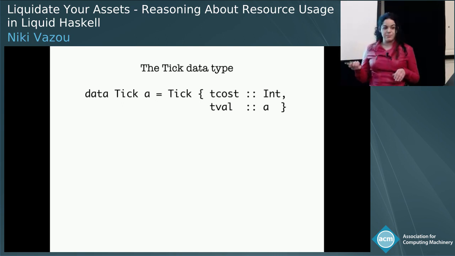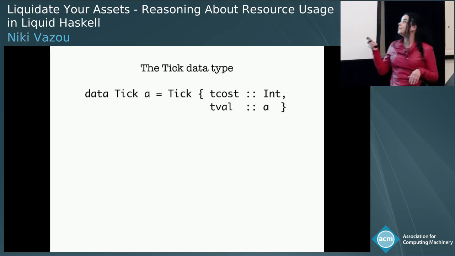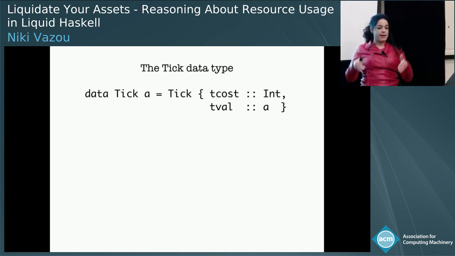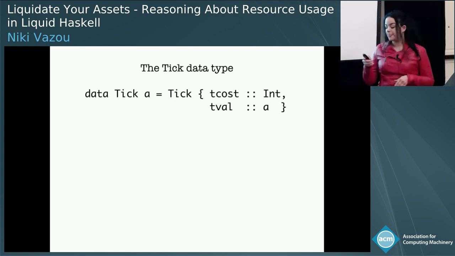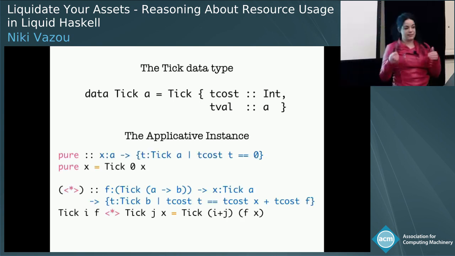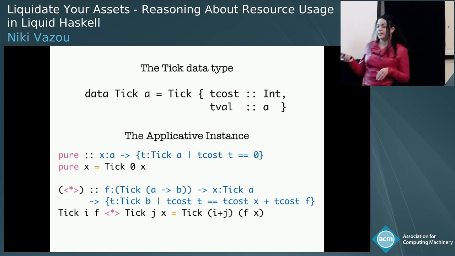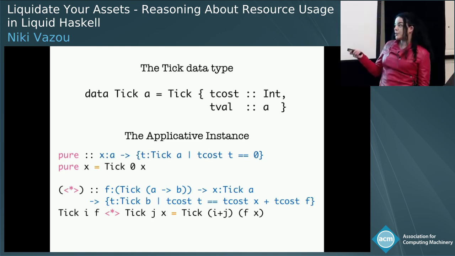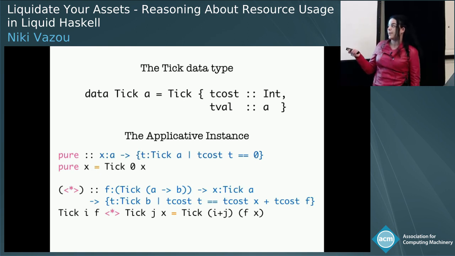It is a polymorphic data type on As, and it has two fields. It has a cost that is an integer, and it has an A that contains the value of the computation. So Tick is an applicative. Here I am defining the two applicative operations. It has a pure operation that says give me an x of type A, and I'm going to lift it inside a Tick that has cost 0.